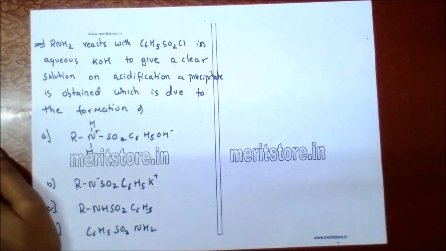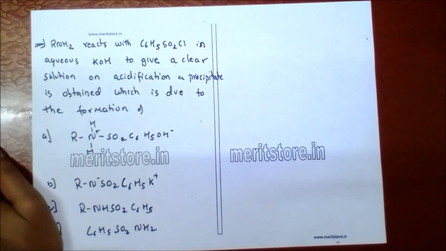RNH2 reacts with C6H5SO2Cl in aqueous KOH to give a clear solution. On acidification, a precipitate is obtained, which is due to the formation of what?